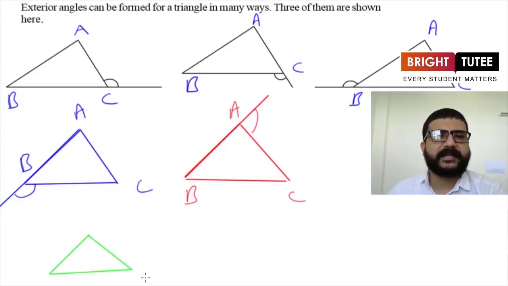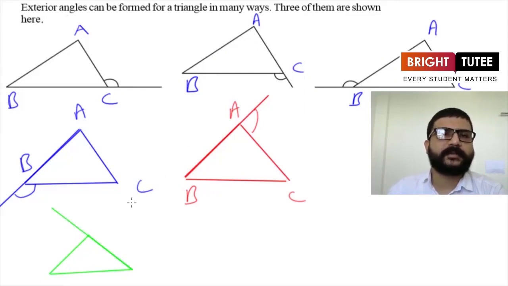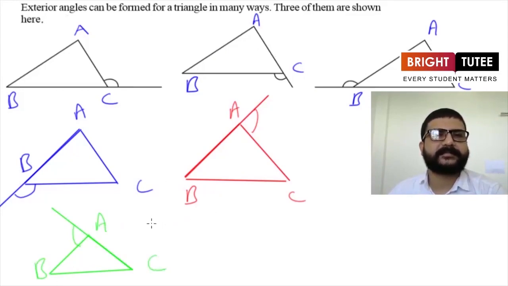Now this is triangle ABC. We have to extend CA, that is this side, like this. Now the exterior angle formed will be this angle. So now at A also we are having two exterior angles. So these are the three more ways of forming an exterior angle for a given triangle. So in total, in 6 ways, an exterior angle can be formed for a triangle.